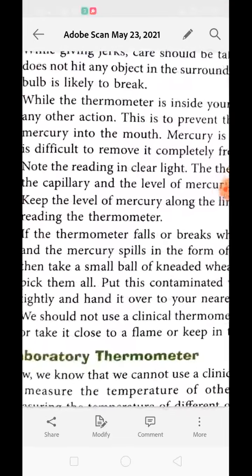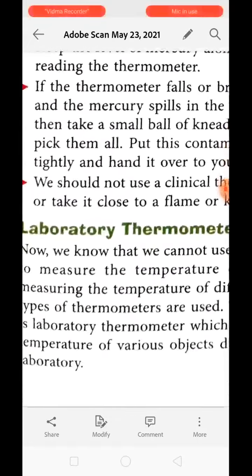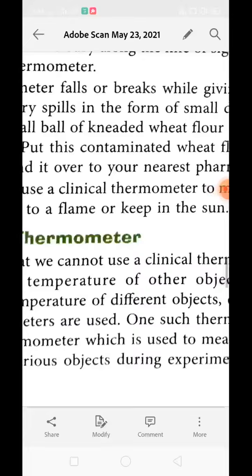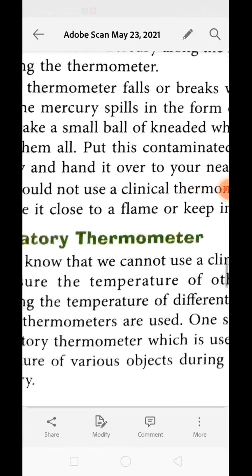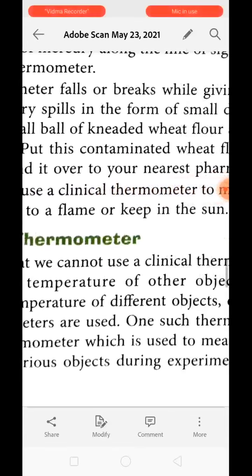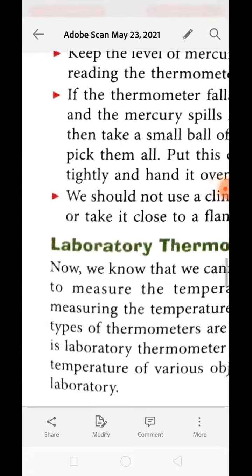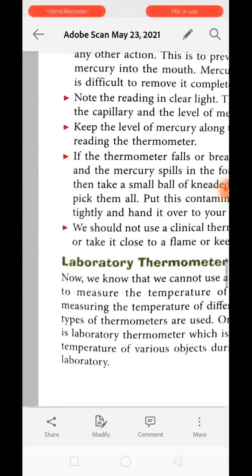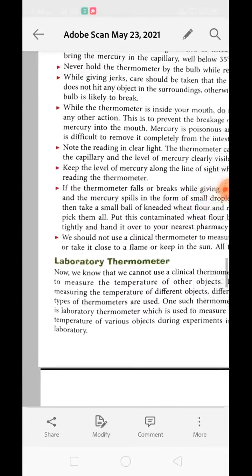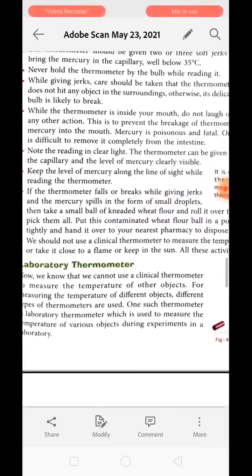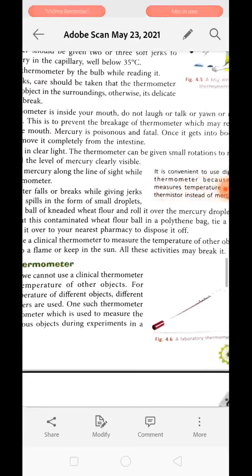If the thermometer falls or breaks while giving a jerk, and the mercury spills in the form of small droplets, then take a small ball of kneaded wheat flour and roll it over the mercury droplets.